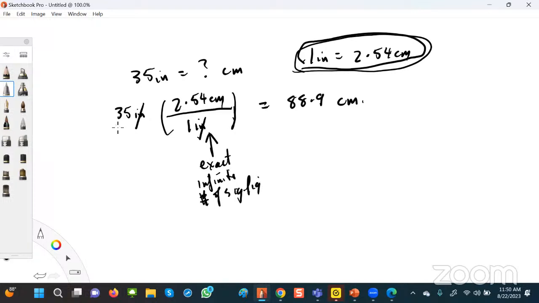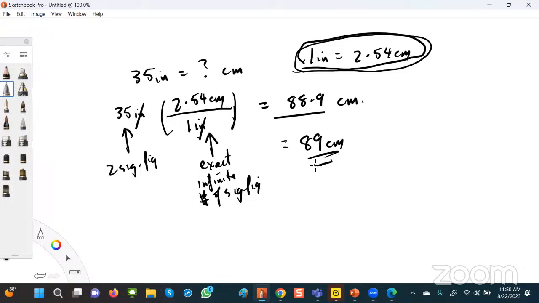Whereas this number here is a measured number, and as you can see, it has 2 sig figs. So this number has to be rounded off to 2 sig figs. When you round this off to 2 sig figs, what do you get? 89 centimeters, and that will be the final answer. So that's basically how you do a simple one-step conversion.